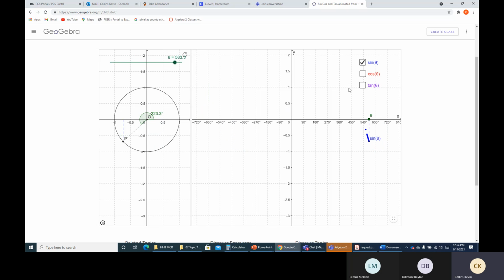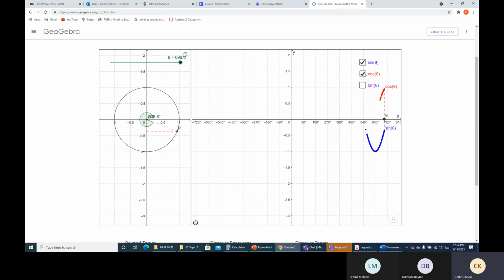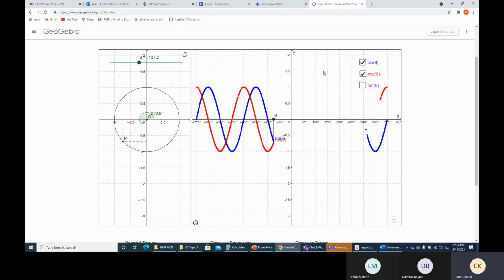Let's do this fast. So there you can see the two go on at the same time. All right, so I just thought this animation was pretty good for this kind of stuff.